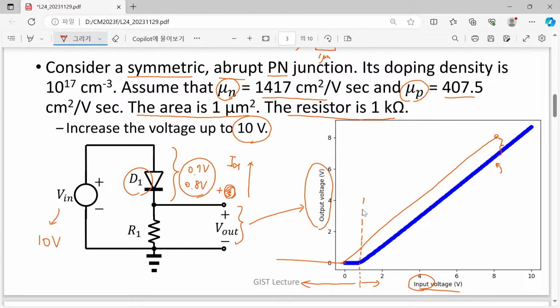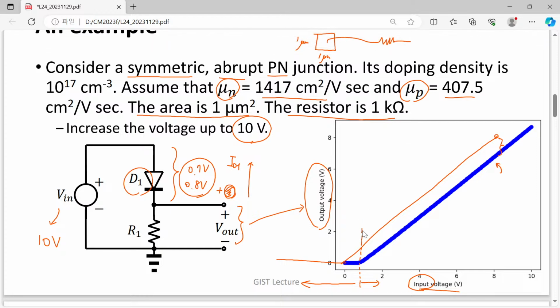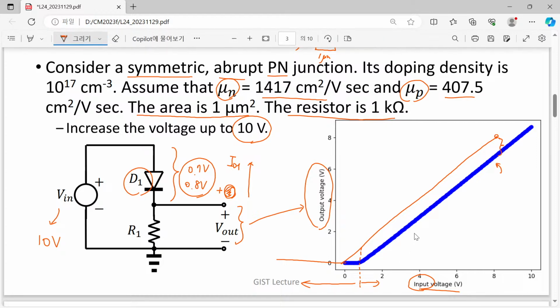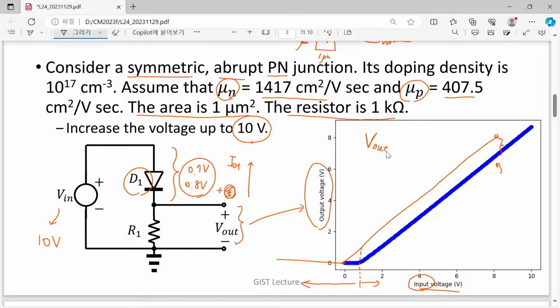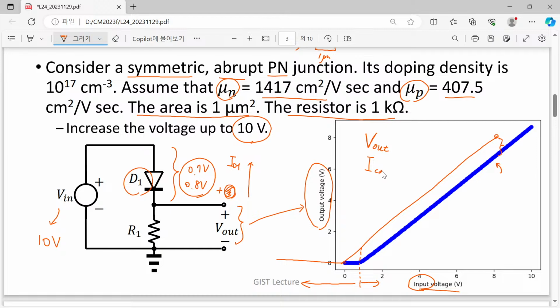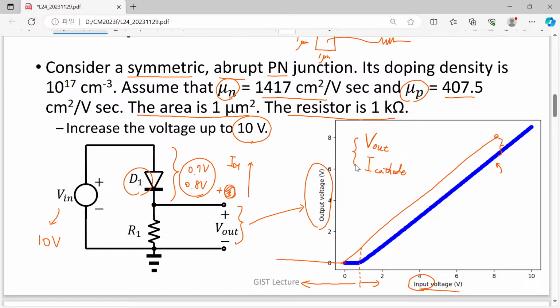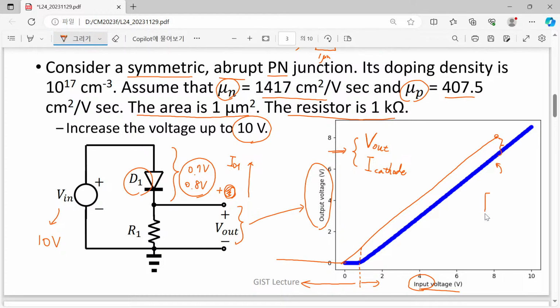If you wanted to really solve this seemingly simple problem, then you must consider both the output voltage and the cathode current as your unknown variables. So please try to implement it. Do you remember our previous discussion?